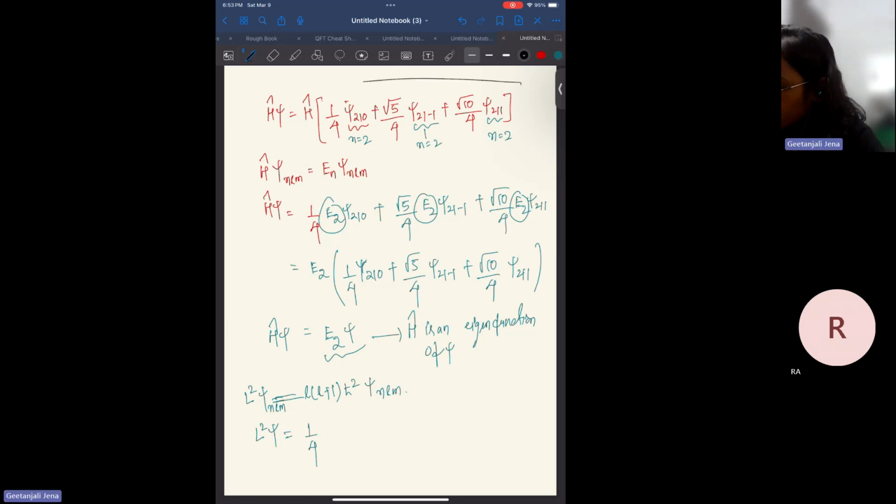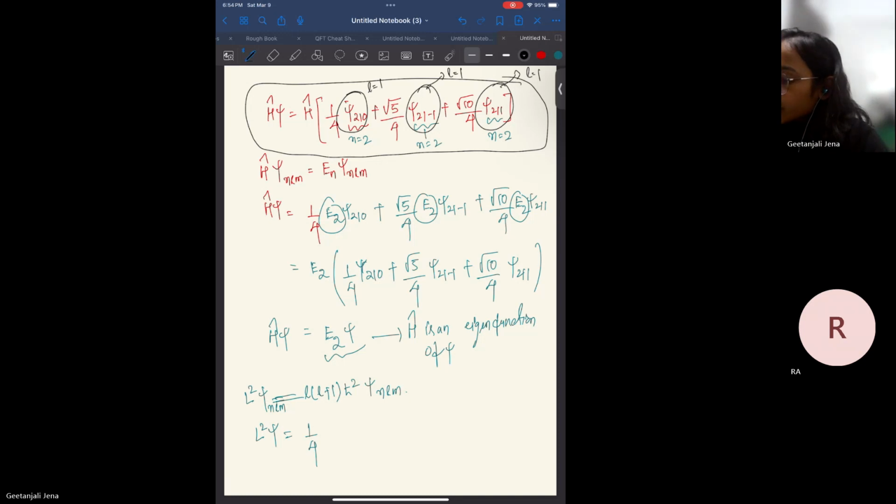If you see this equation, here l is 1, in this one l is 1, and this one also l is 1, right? That means it will give 1 by 4 l into l plus 1. When l equals 1, l into l plus 1 will be 2.